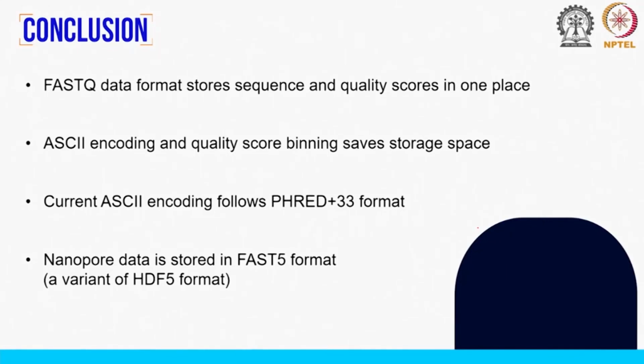And finally, we saw that nanopore data is stored in FAST5 format, which is a variant of HDF5 format. Here you have the raw data, which is the current data, and this raw data can be useful if you have applications where you want to look at the real time events that are happening.